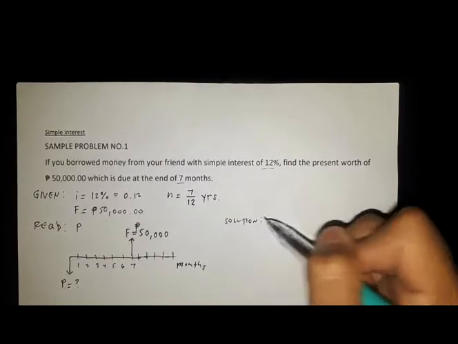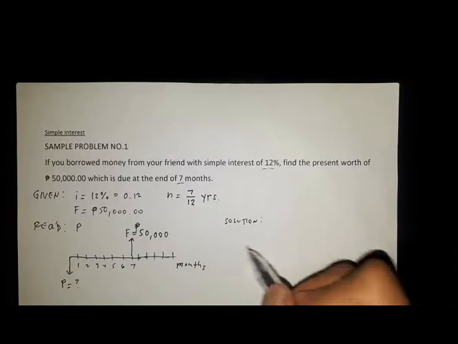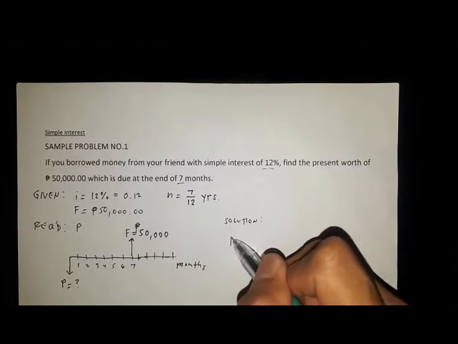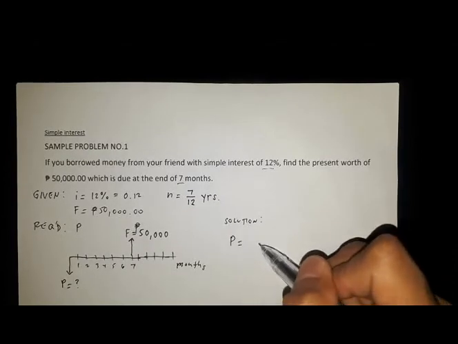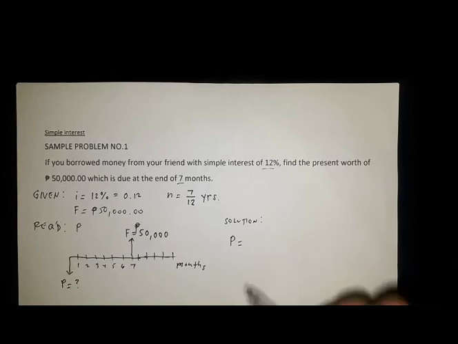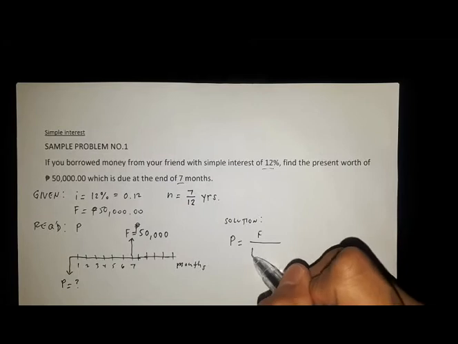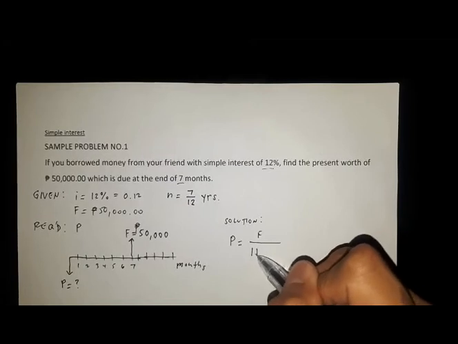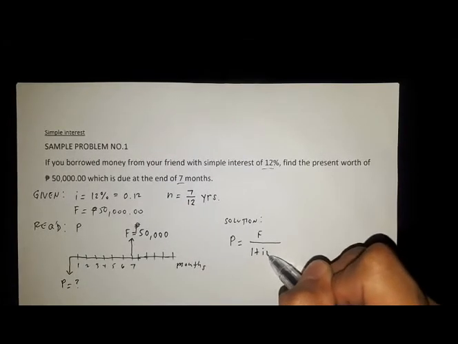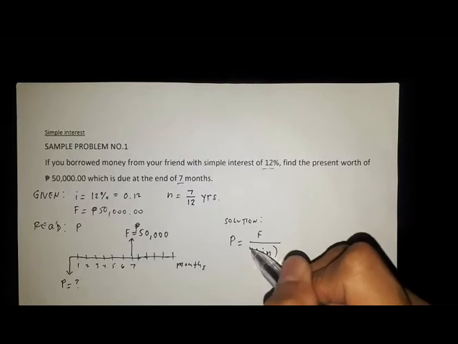Now we solve for the value of P. So we have the formula P is equal to F over 1 plus i n.